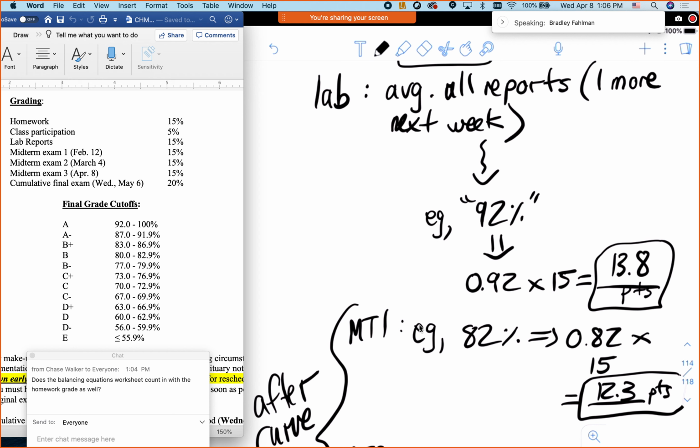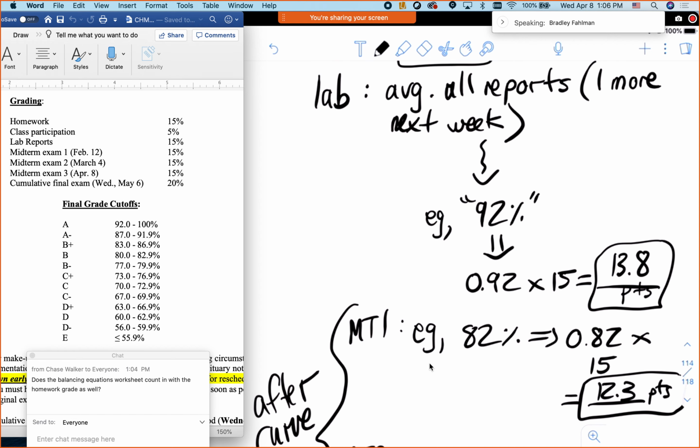On Monday you'll do a virtual lab, with a real simple write-up. But if you want to calculate your grade right now, just average all of your lab report grades, which should be on Blackboard, and then there'll be this one more that you'll average in. Let's say all those come to 92%, so it's 0.92. Your labs are worth 15, so just times 15, and you get so many points.